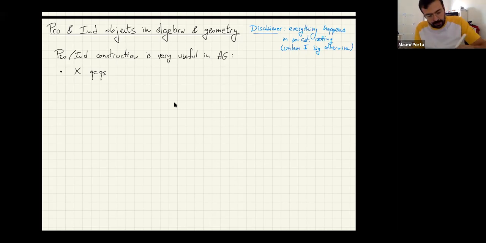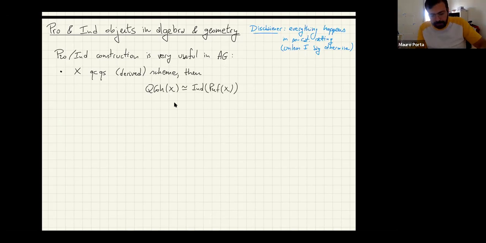So let's say that X is a quasi-compact, quasi-separated derived scheme, not really necessarily derived, but anyway, then QCoh of X is Ind of Perf of X. This is a pretty convenient way of reducing questions about an unwieldy category like QCoh of X to questions about its compact generators, which is somehow easier to grasp.